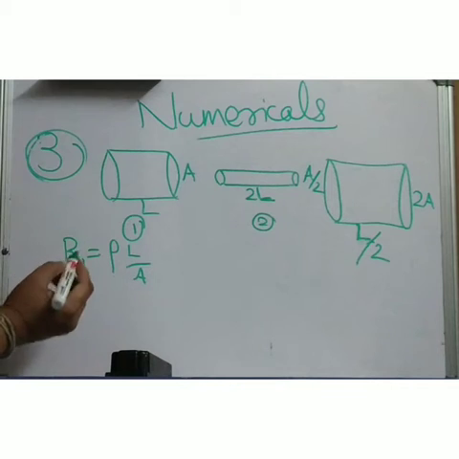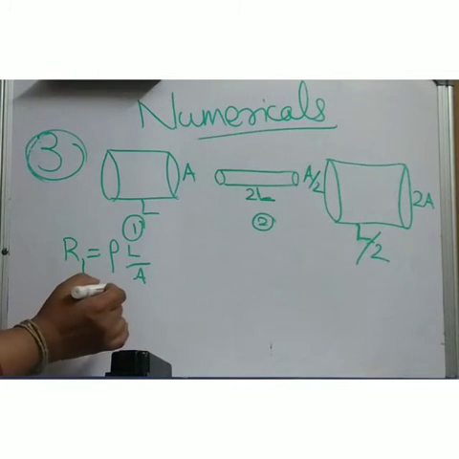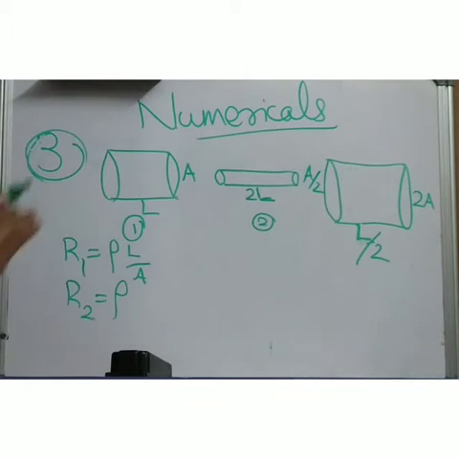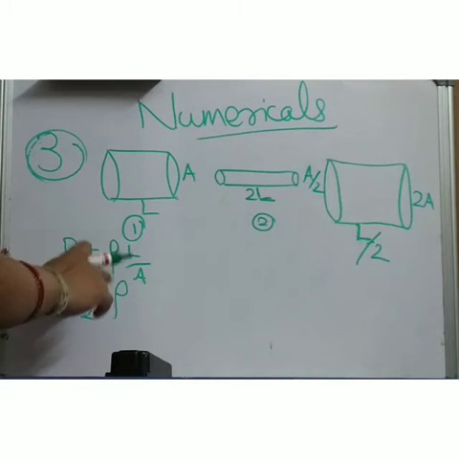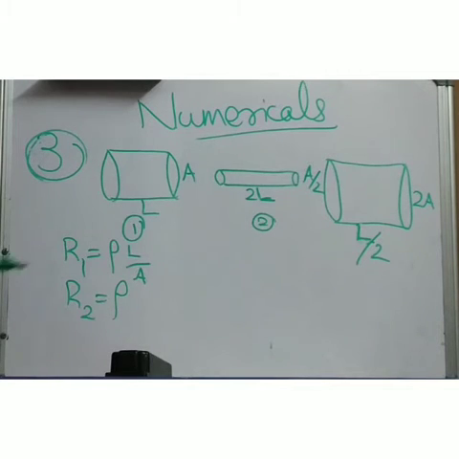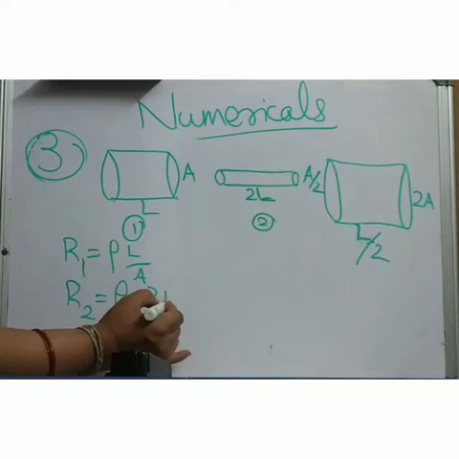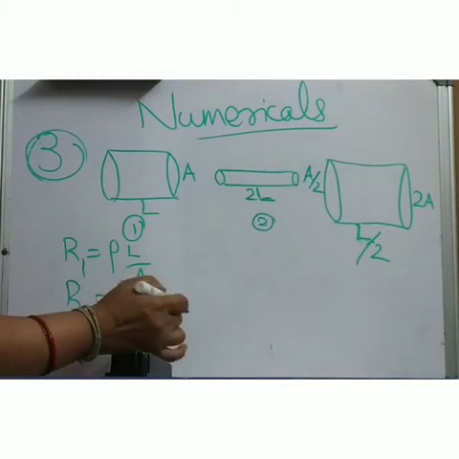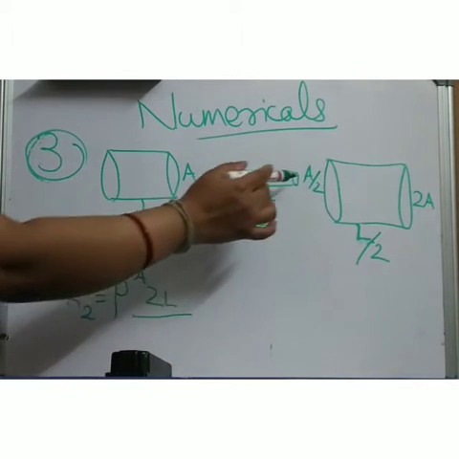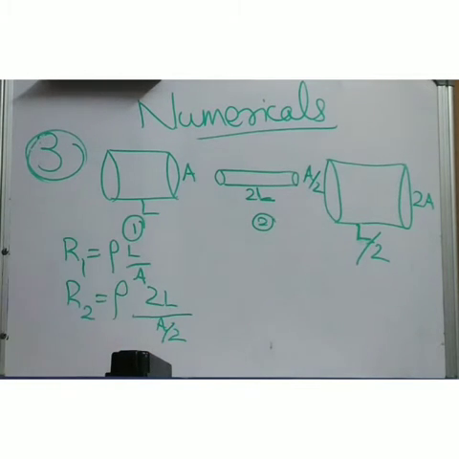Now what is the resistance of the second wire? R2. Again rho, since all three are copper conductors, so the resistivity will be the same. In place of L, we write 2L, since the length is 2L. And in place of A, the area of cross section here is A by 2.